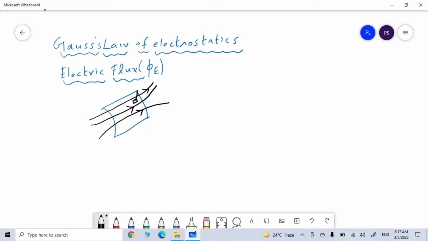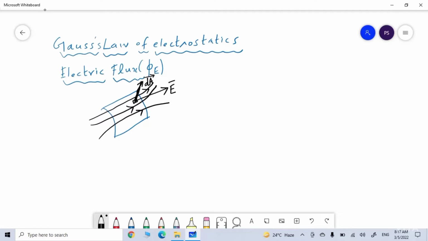The direction of this area element is indicated by the vector dA. The direction of the electric field is along this particular direction.